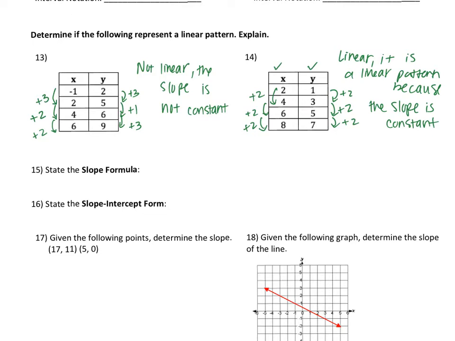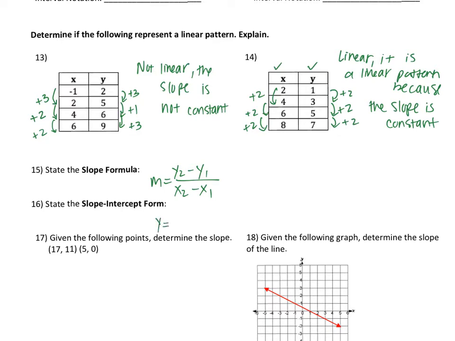All right, so for this one here, it says state the slope formula. The slope formula is, if you're given 2 points, x1 and x2, you would put y2 minus y1 over x2 minus x1. So if you're given 2 points, you can plug them into this formula to get your slope. The slope-intercept form is how we typically write linear equations.